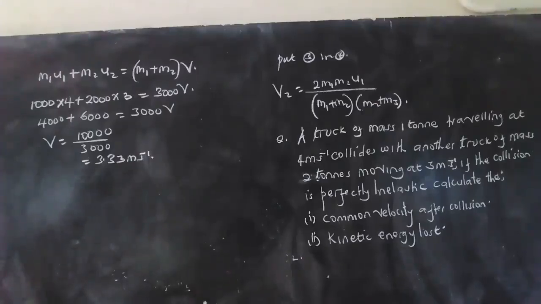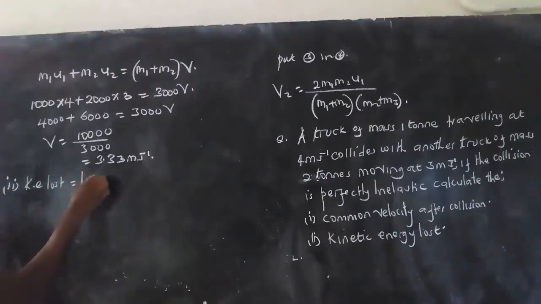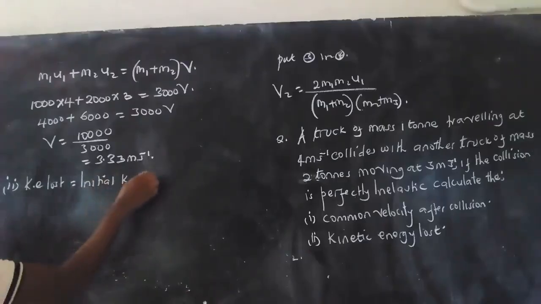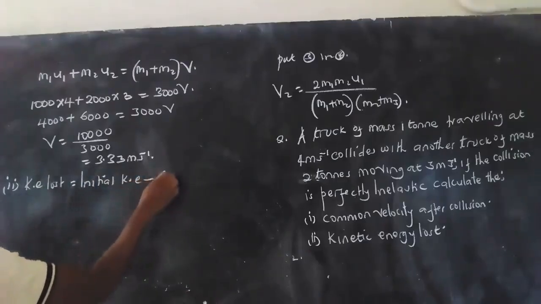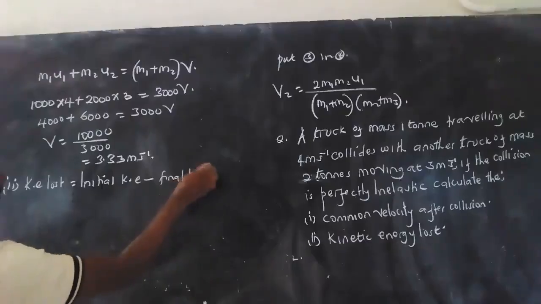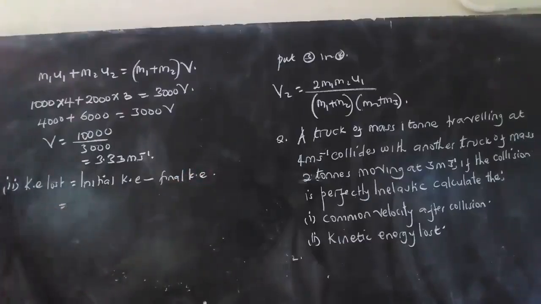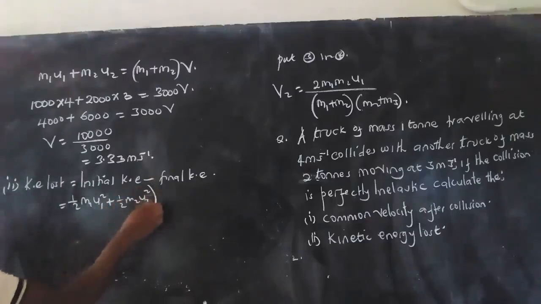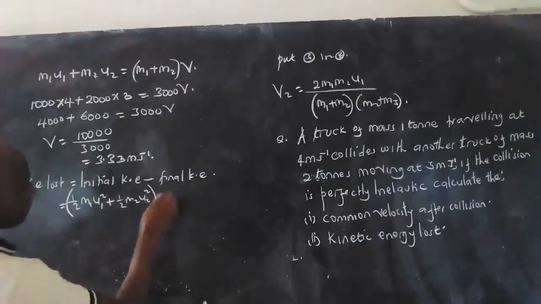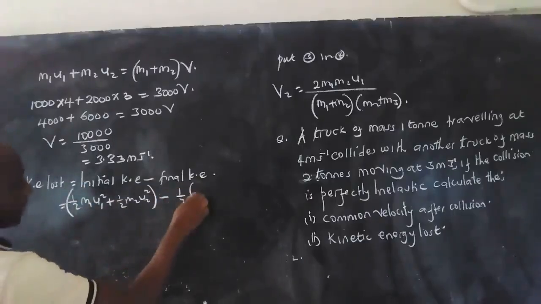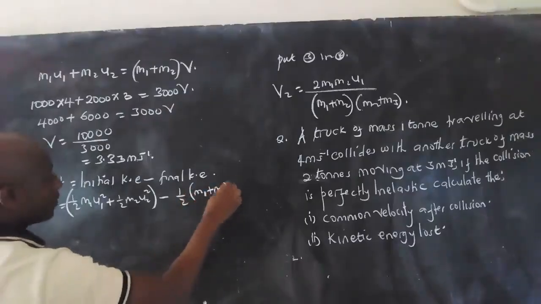Now they're saying find the loss in kinetic energy. So the kinetic energy got lost, okay? So we shall say kinetic energy lost is equal to initial kinetic energy minus final kinetic energy. So this will become a half m1 u1 squared plus kinetic energy of the second body, which is a half m2 u2 squared, then minus a half m1 plus m2 v squared.